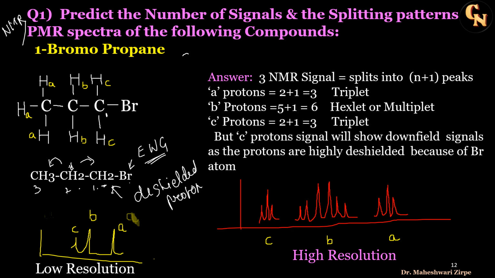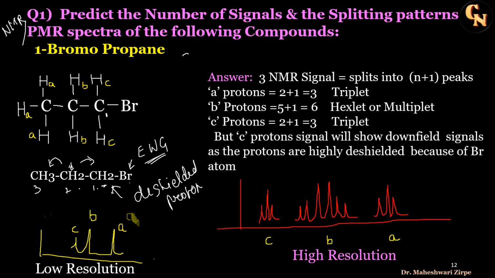So the environment for the second carbon protons has changed. That's the reason we labeled them B, the next letter. If the environment was the same, we would have labeled it C only. The environment has changed, so we changed the letter. A different letter indicates the environment has changed.